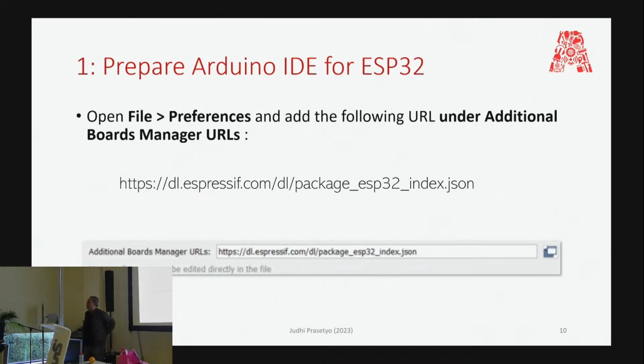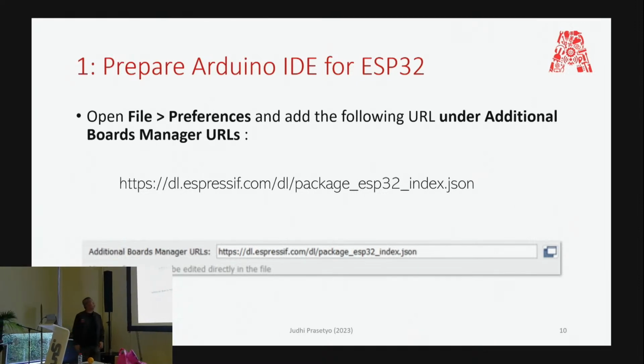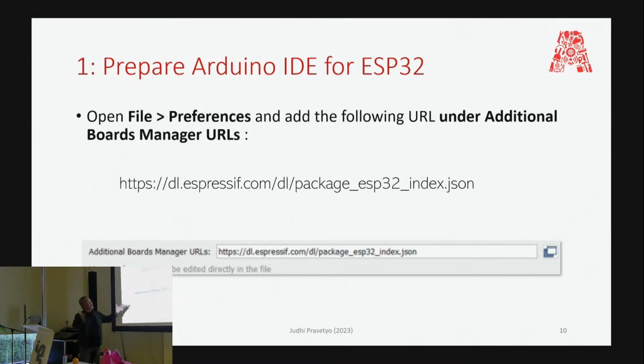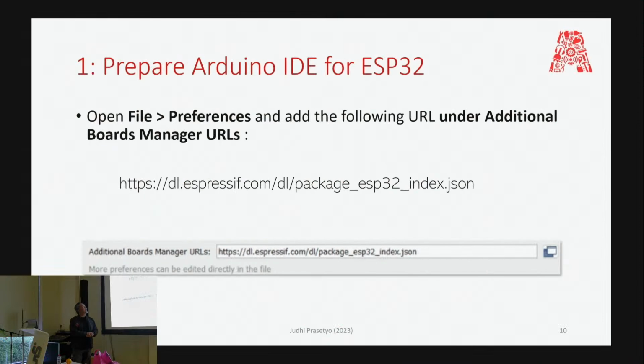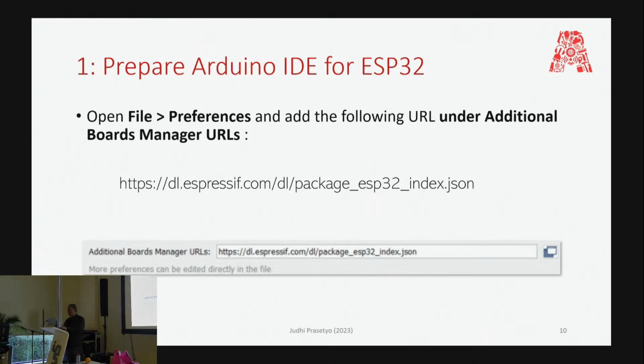Okay, how to prepare Arduino IDE for ESP32? First, you can go to File Preferences. So open your Arduino and then go to File Preferences and then add the following URL under Additional Boards Manager URL. I will probably bring up my Arduino.